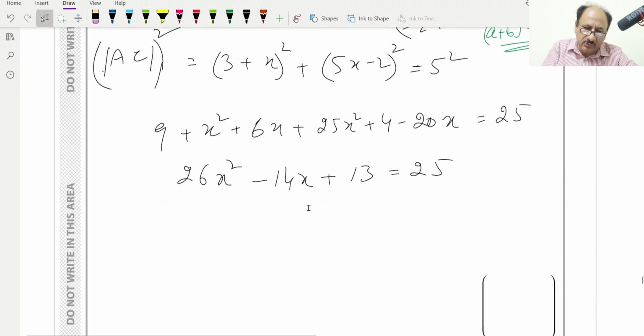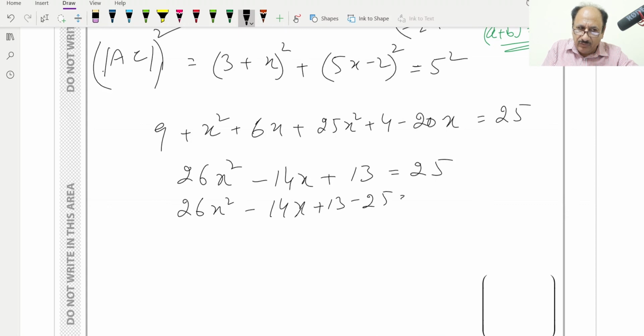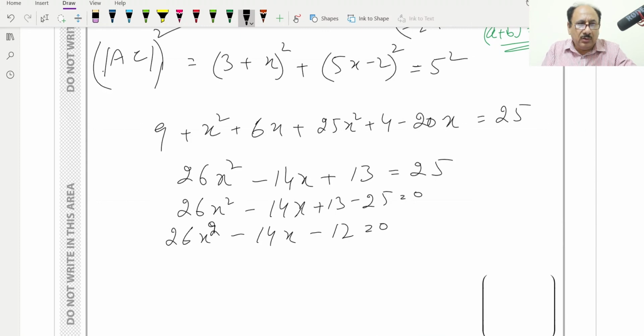We can shift 25 to the other side, so it will be 26x squared minus 14x plus 13 minus 25 is equal to 0, and this will be 26x squared minus 14x minus 12 is equal to 0.